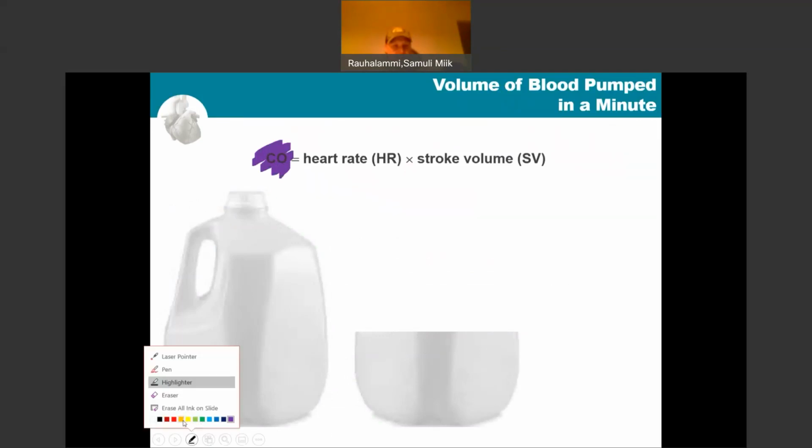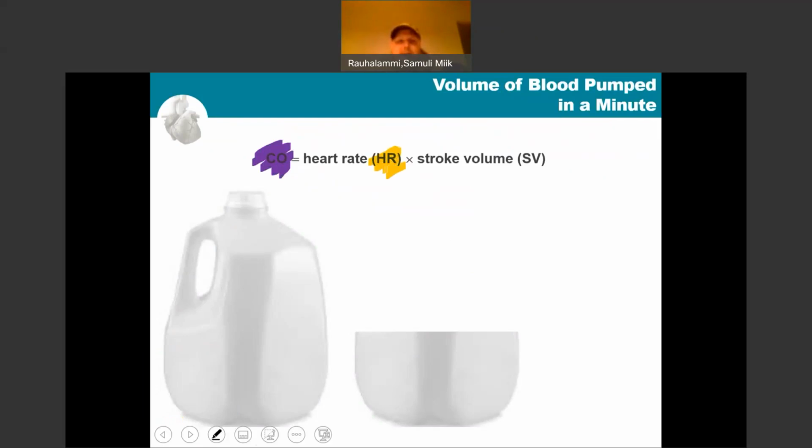First of all, we can be looking at the heart rate. So how many times per minute is the heart contracting? And second, how much blood gets pumped out of the heart with each contraction. So what's the stroke volume? And these together then define the cardiac output.